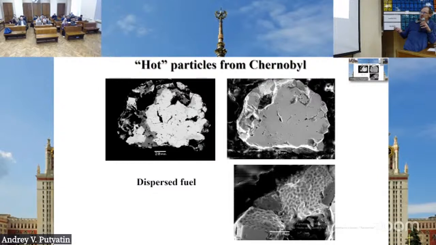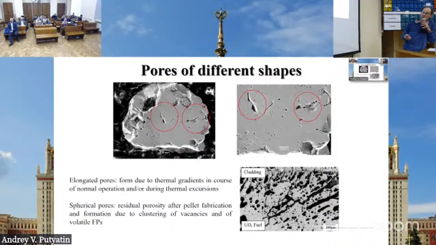So all these depressions are just places where volatile fission products were concentrated at the grain boundaries. But what is quite interesting is that here we see not only quasi-spherical or hemispherical pores, we also have elongated pores.